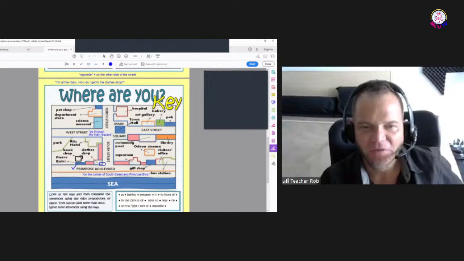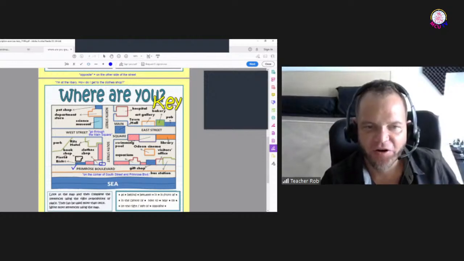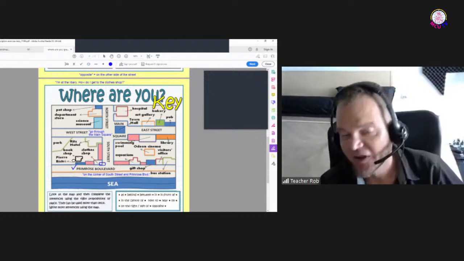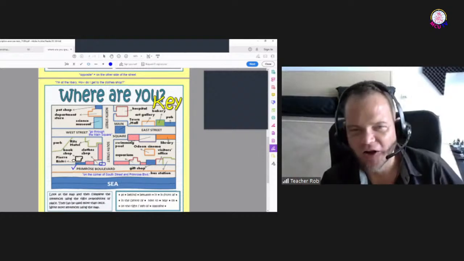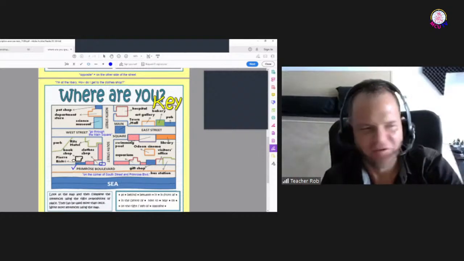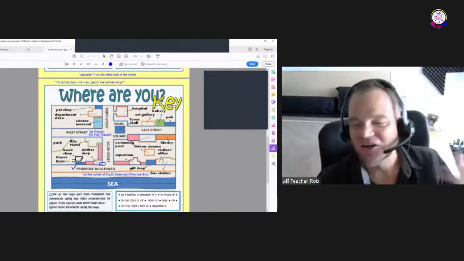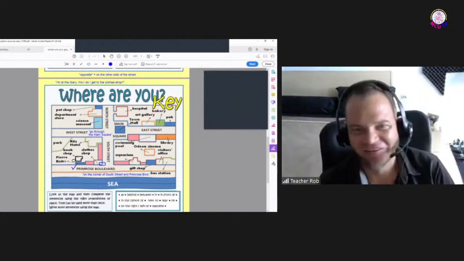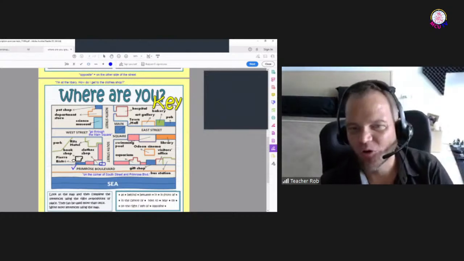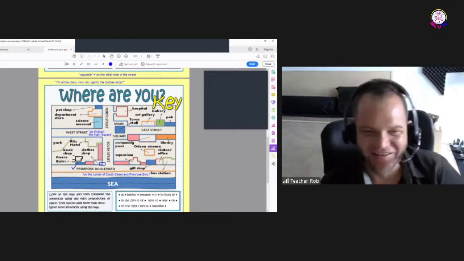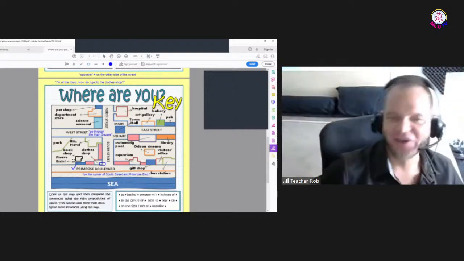If the clothes shop is near the bookshop, which it is, that probably wouldn't help someone because you don't know if it's that way or that way. So near doesn't tell us that. That just says that it's not far away, but we don't know in what direction.